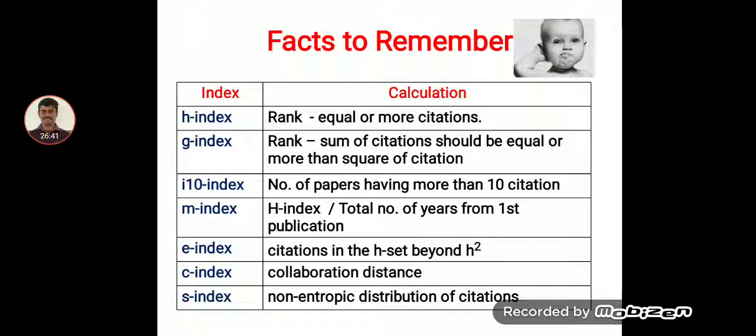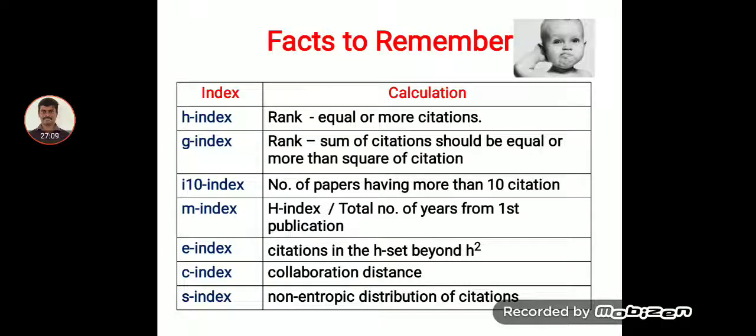Coming on to the final part of the video, where you have to remember certain facts for the author metrics and how these indices are calculated. So remember that there are three common indices: H index, G index and i10 index, which are commonly used, whereas the other indices are M index, E index, C and S index, which are getting popularized in other countries.